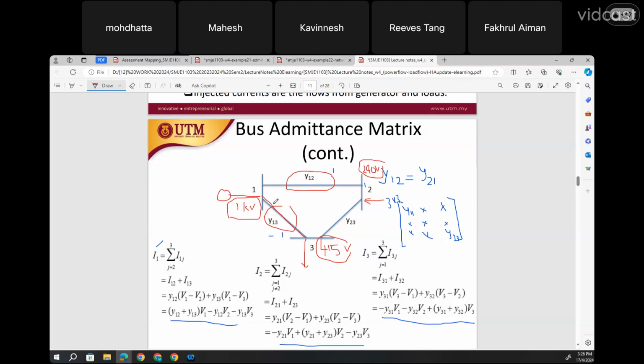However, since we have a transmission line, although I have 1 kilovolt over here, this one cannot achieve 415. Maybe it's slightly lower, 410 maybe, because of the losses in the transmission lines that we have. The same goes for the 240 bus bar.